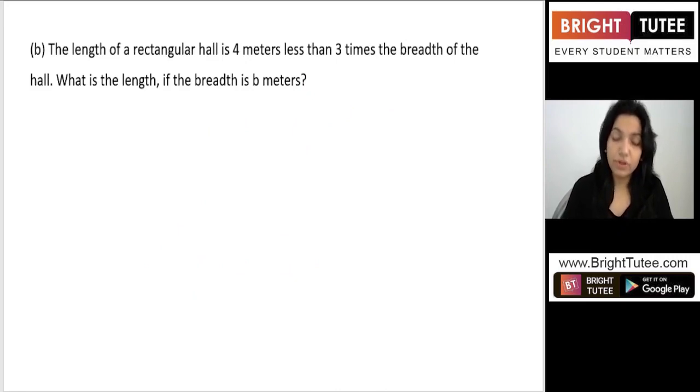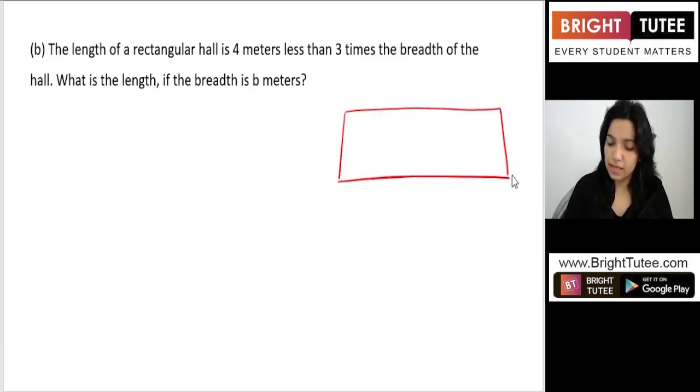The length of a rectangular hall is 4 meters less than 3 times the breadth of the hall. What is the length if the breadth is b meters? So let us understand with the help of a diagram. If this is the breadth of the hall, because it's given that the breadth is b meters.